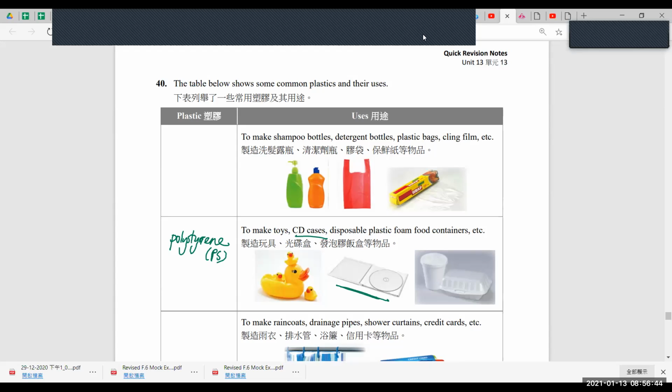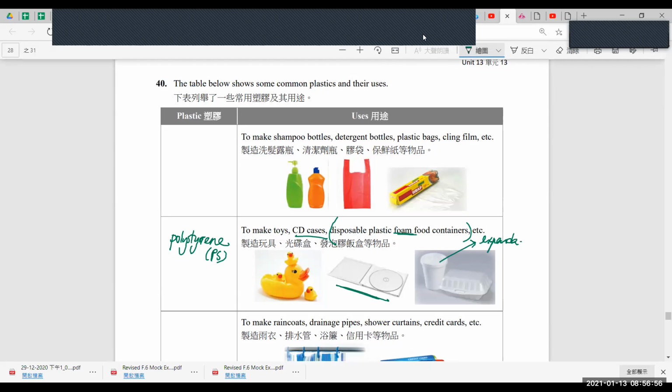Of course, nowadays you don't have it. And also we have disposable plastic foam food containers. We call this one, made by a very special manufacturing process, expanded polystyrene, or foam plastic, 發泡膠.